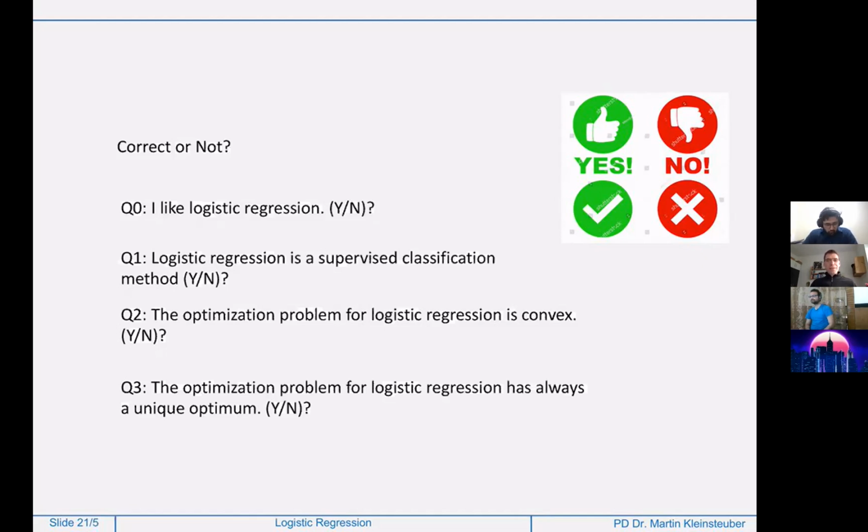What we know is that this optimization problem is convex. This is for sure. But we don't know yet whether there is an optimal solution.